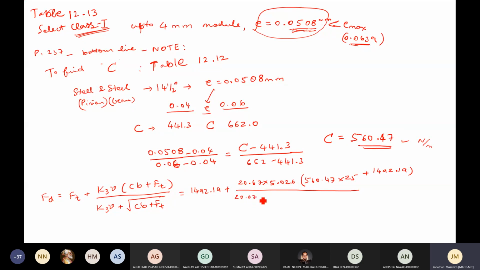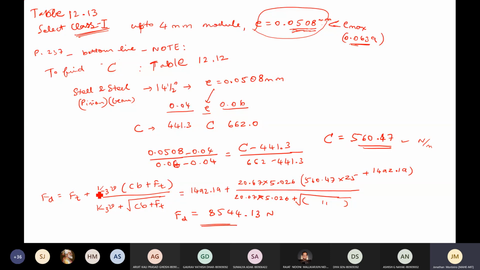So multiplied root of whatever is in the bracket, whatever is in the brackets right here, it should give you, see that you arrive at this particular value, 8544.13 newtons. Okay, so this is the dynamic load, 8544.